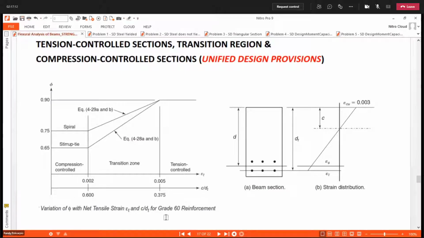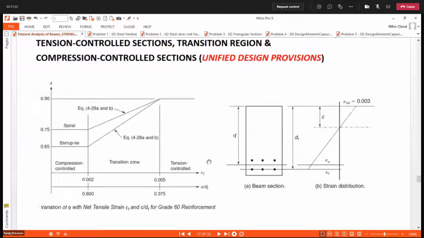So iba yung value ng reduction. But for the unified design provision, ito na ngayon ang pina-follow. Okay, so magbuhat 2002 hanggang latest, ito na yung inadapt na code in determining for the reduction factor. Okay, so yun yung about this.